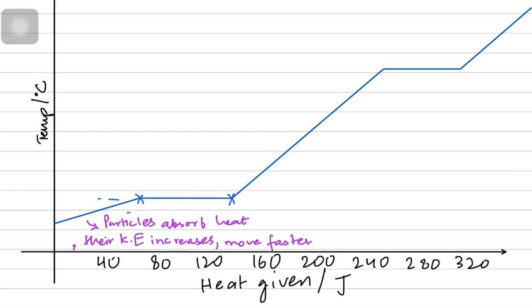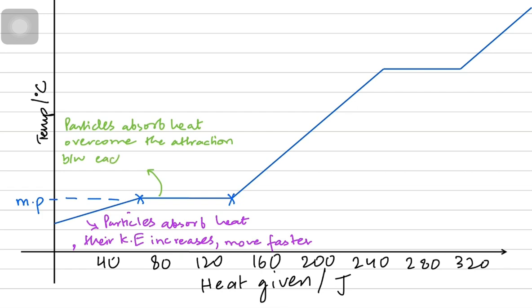They vibrate faster. But at a specific value, the melting point, the particles are not only absorbing heat energy for the sake of kinetic energy. The particles absorb heat energy to overcome the attractive forces. The vibrations are so vigorous now that particles overcome the attraction between each other.